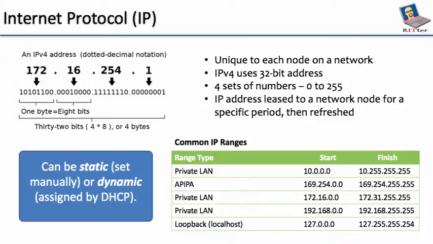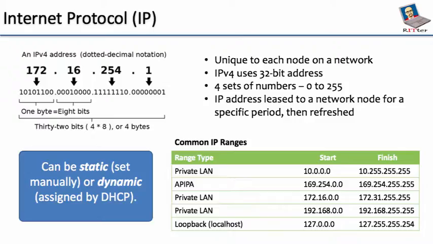Each number in the IP address can be between 0 and 255. I won't go too deep into the reasons for that, but there's a sample IP address there, 172.116.254.1. This is called dotted decimal notation, the way IPv4 addresses are represented. They are 32-bit addresses because there are 4 octets, 4 8s is 32. That's why it's called a 32-bit address.